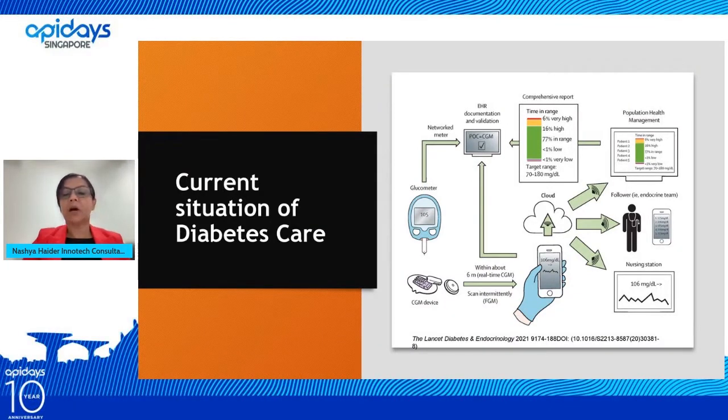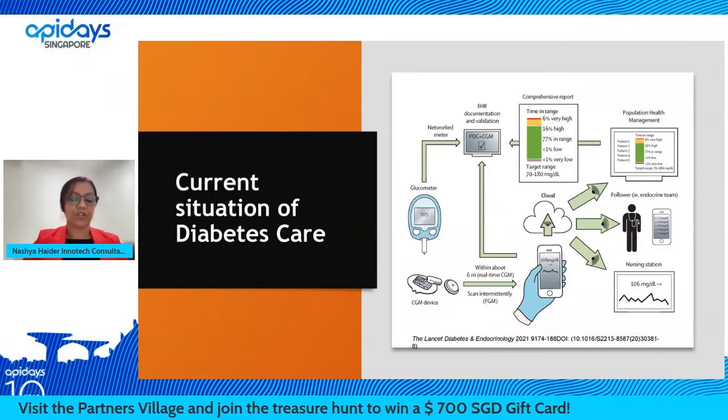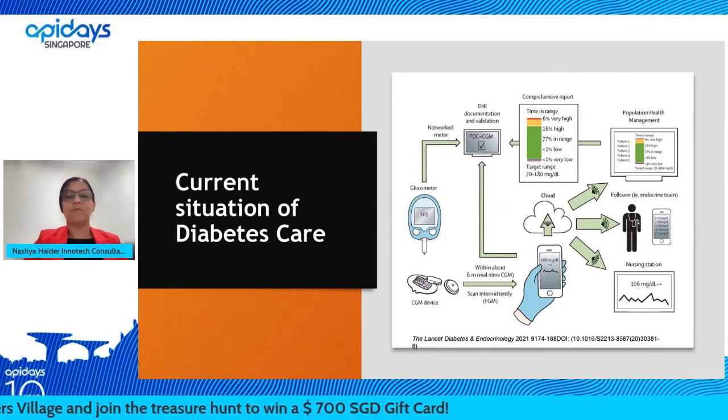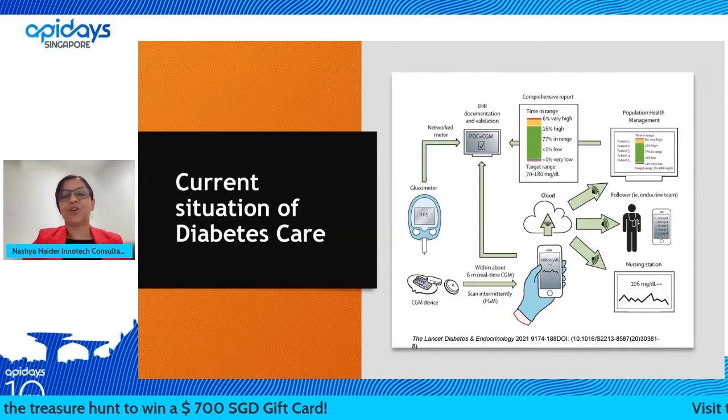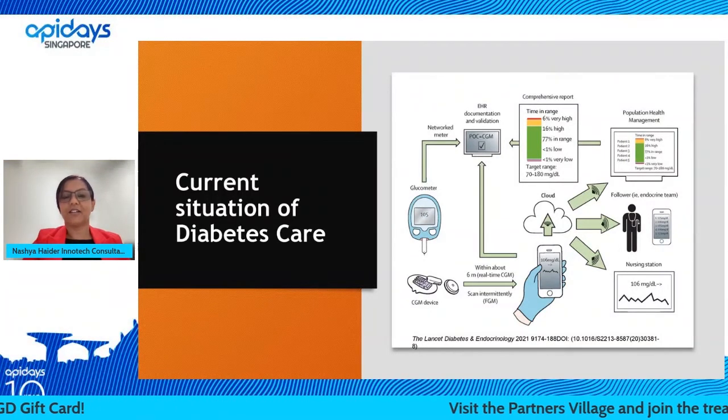So in the marketplace now, there are many, many devices already available for continuous glucose monitoring, which have been FDA certified. And so what's interesting is the next generation of smartwatches, for example, Apple Watch, will also be able to monitor your glucose levels in the near future via the skin.